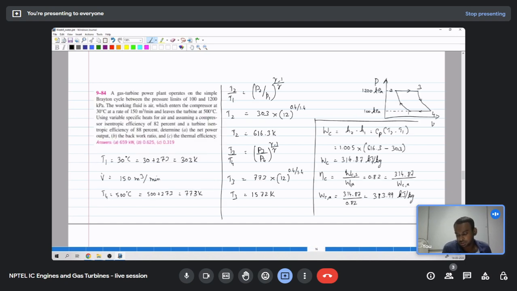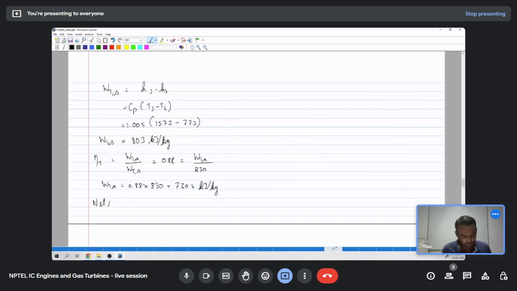Since the volume flow rate of the fluid is given, we can calculate in terms of mass flow rate, and then we can calculate the power output. To calculate density, we have density at state 1 is P1 by RT1.